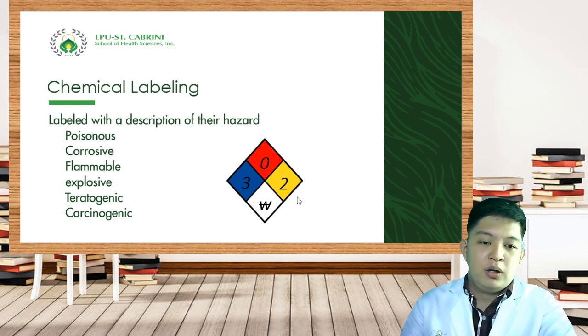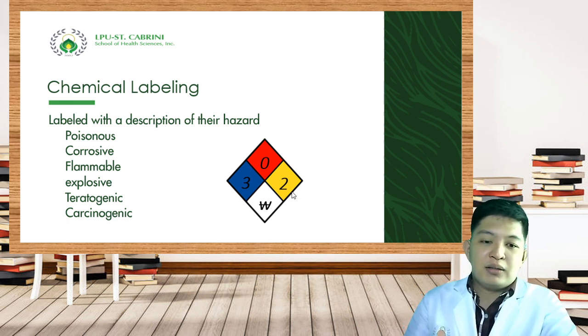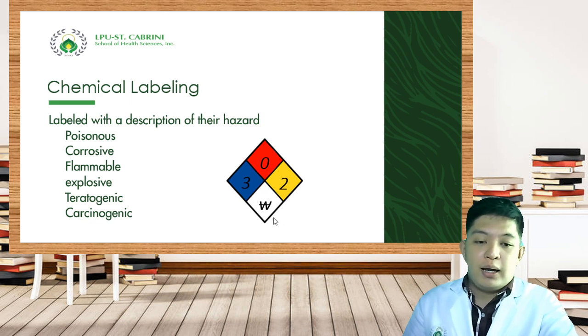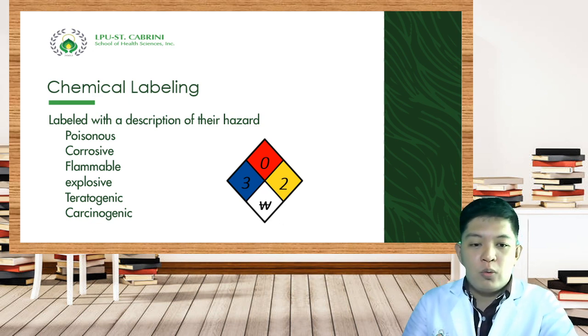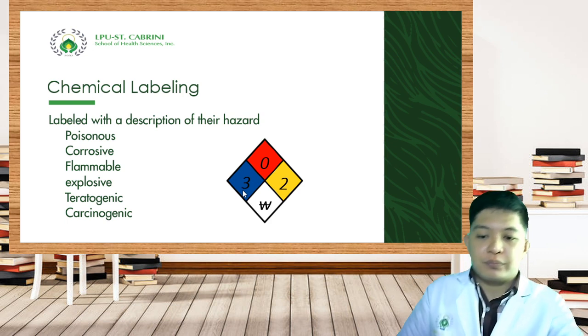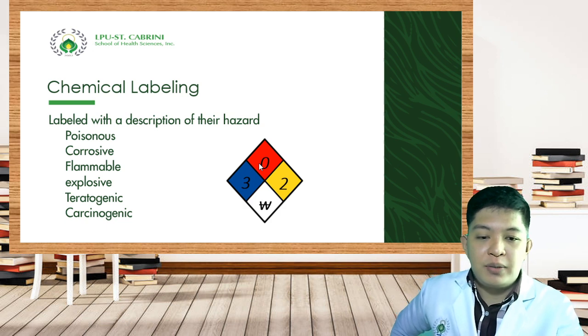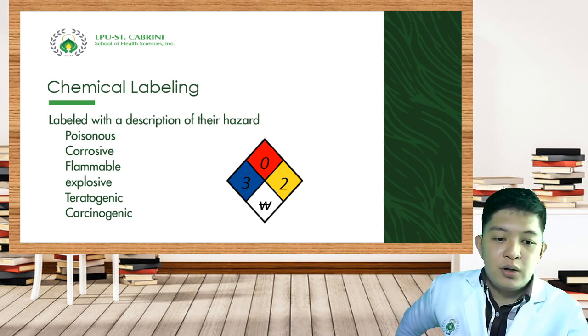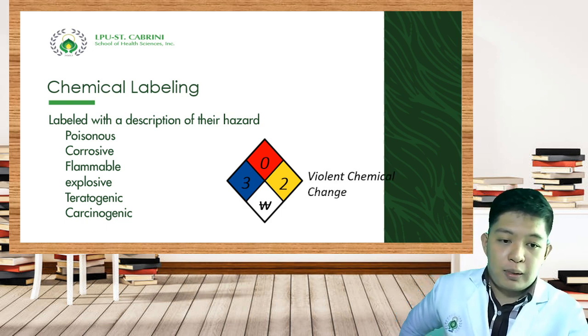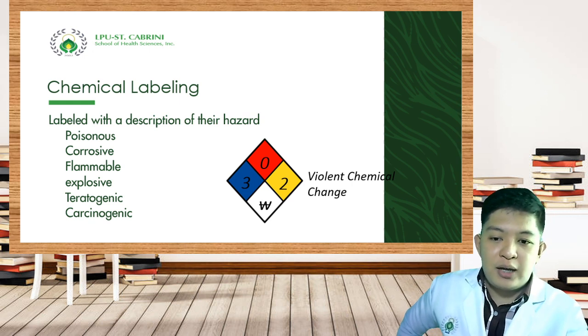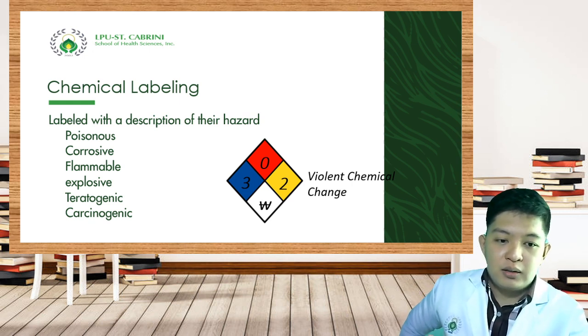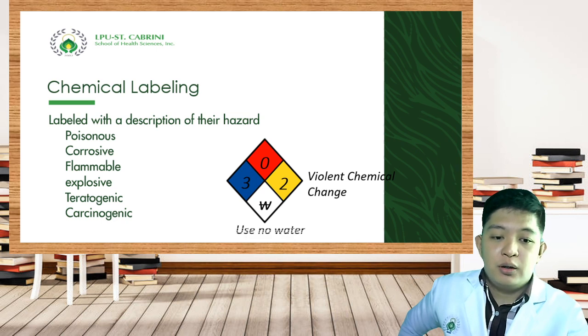Ang sabi dito, ang reactivity natin 2. Ang ating specific hazard W. Health hazard 3. Ang ating fire hazard or flammability ay 0. So, alamin natin kung ano to. So, 2 in a yellow quadrant is violent chemical change.